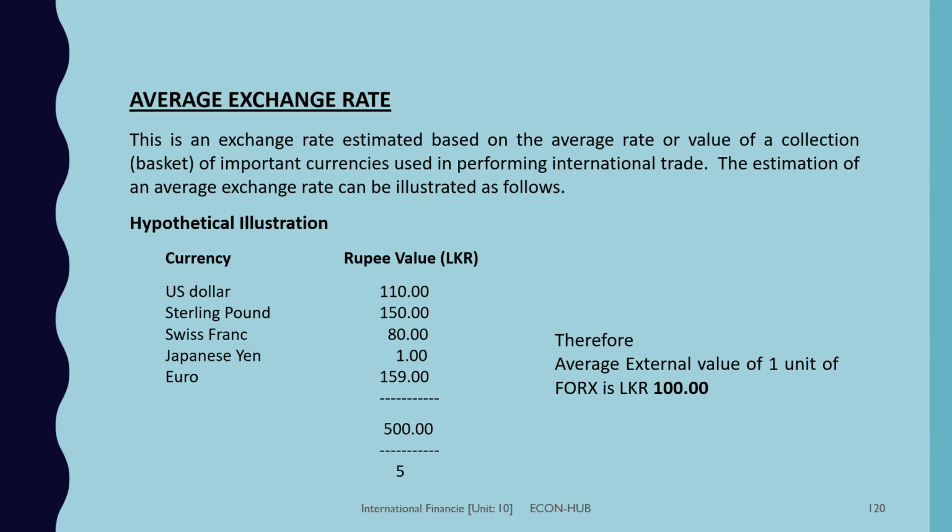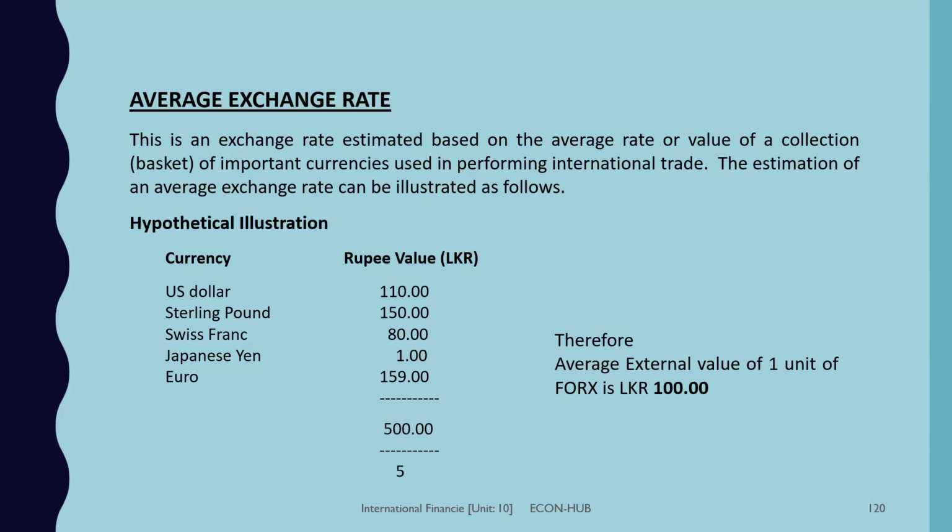I have taken 5 currencies here: US dollar, sterling pound, Swiss franc, Japanese yen, and the euro. I am looking at the assumed, hypothetical nominal exchange rate: for one US dollar, how many rupees? 110, for example. Sterling pound 150, Swiss franc 80, Japanese yen 1 rupee, a euro 159.